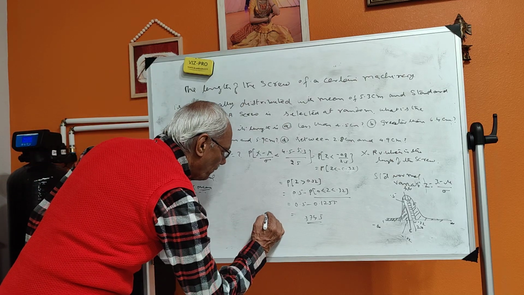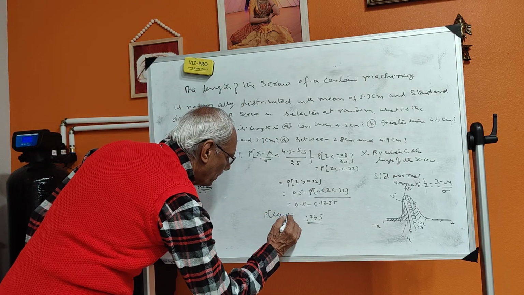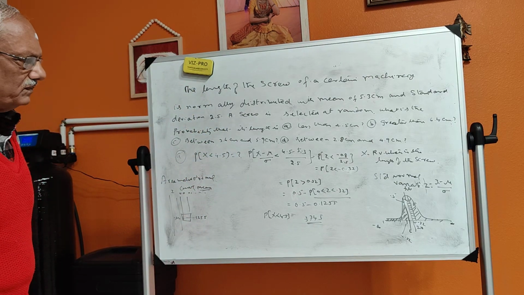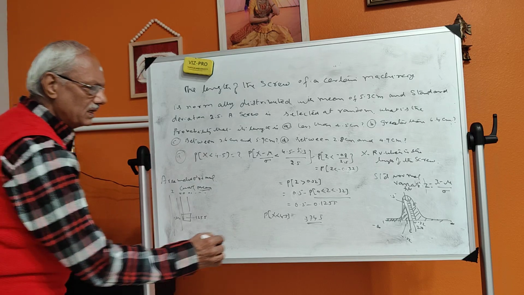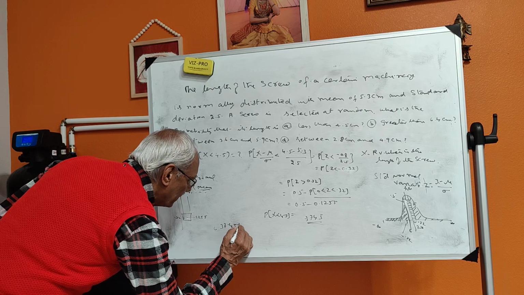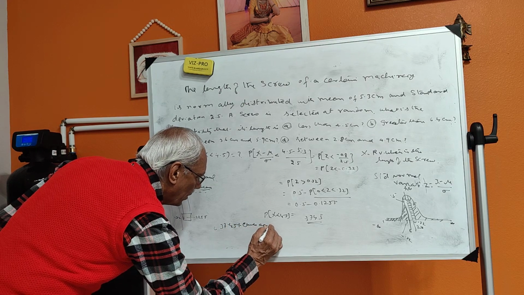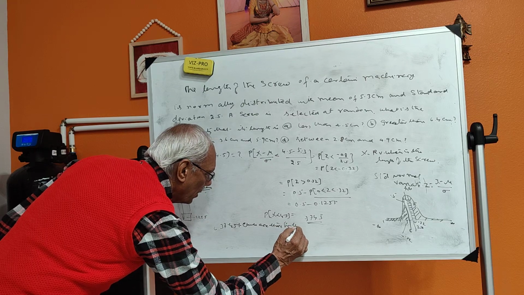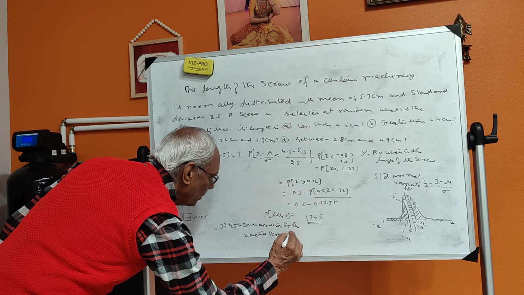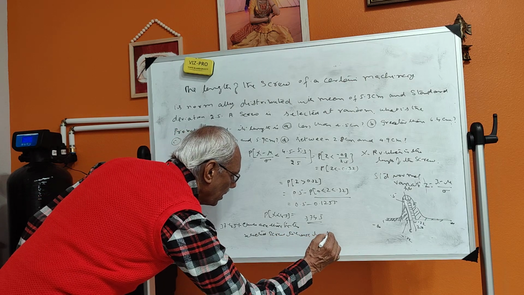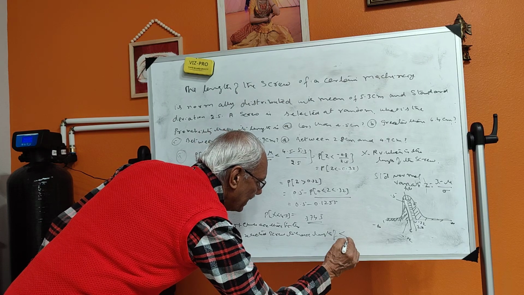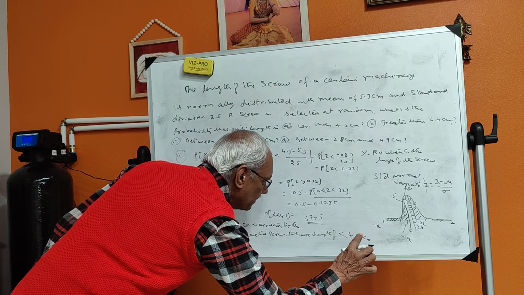0.3745, that means P of x less than 4.5, that is the probability of the screw to have a length less than 4.5 is 0.3745, that is 37.45% chances are there for the selected screw to have a length of less than 4.5 centimeters.